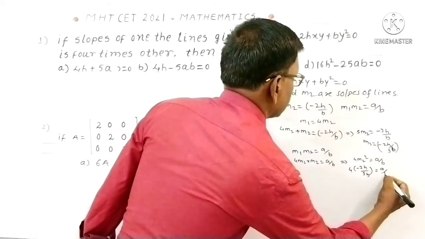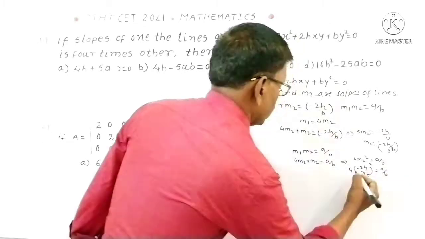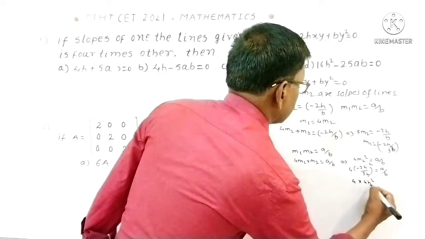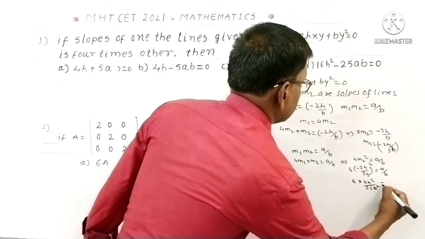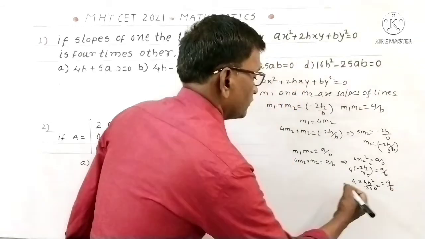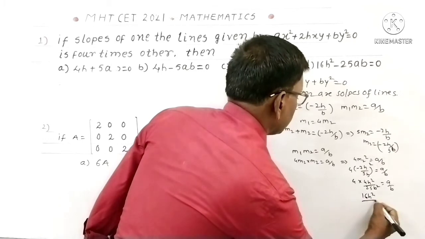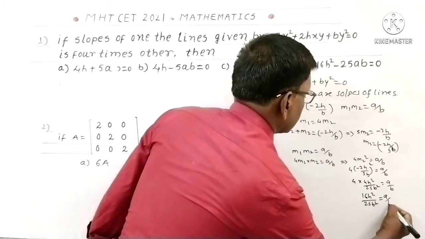On taking the square, 4 into 4h square upon 25b square is equal to a by b. 4 fours are 16, so 16h square upon 25b square is equal to a by b.